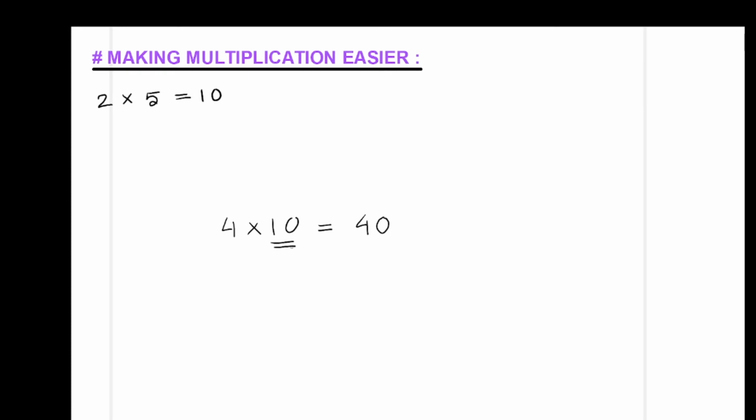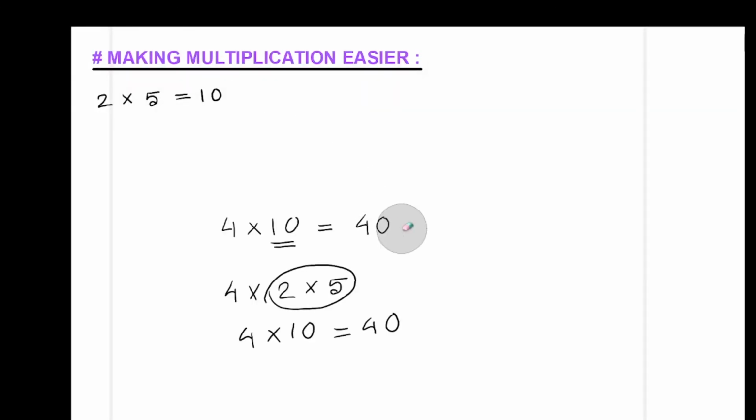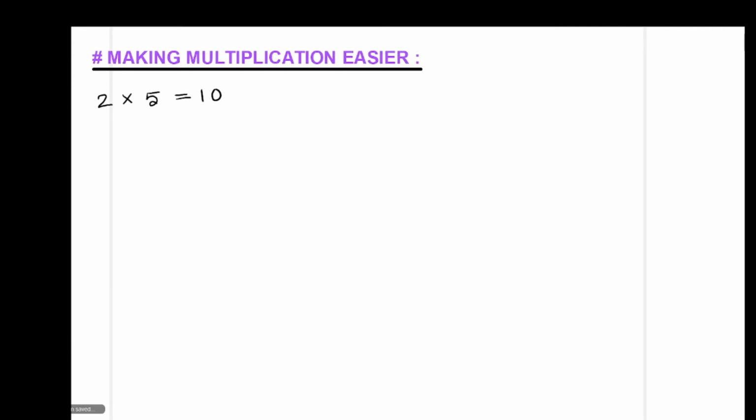In place of 10, suppose it is given 4 into 2 into 5, then how to do it? You first multiply 2 into 5, then it will be 10, and then you can easily find 40. Next, 20 into 5 gives us 100.